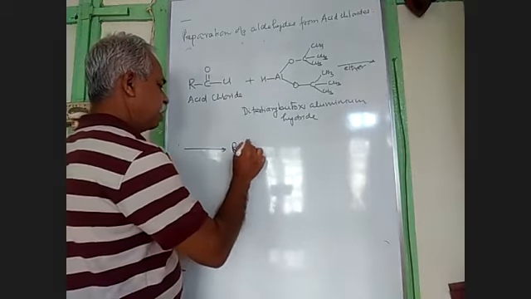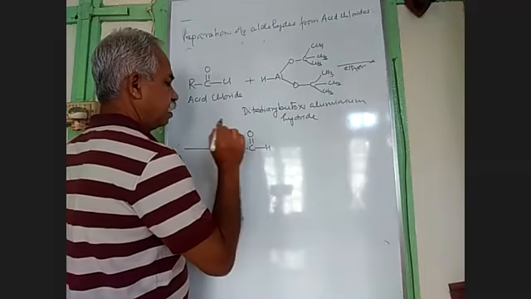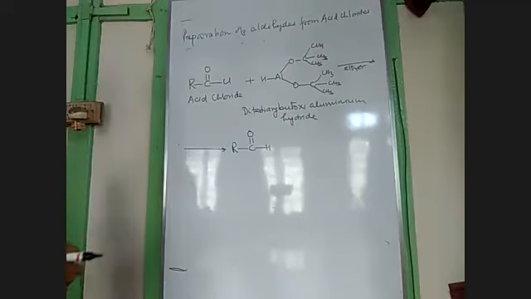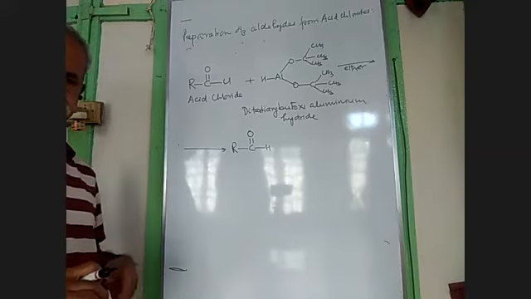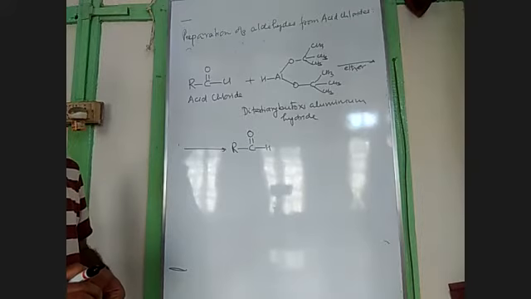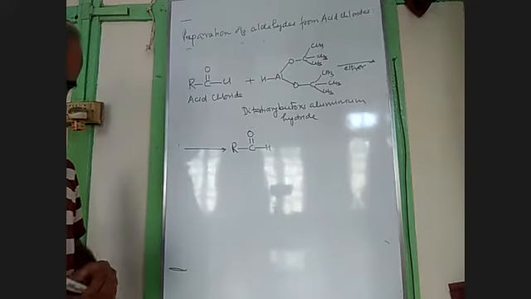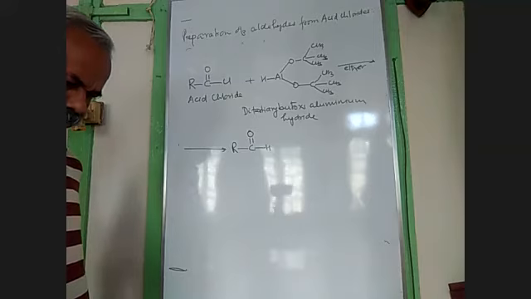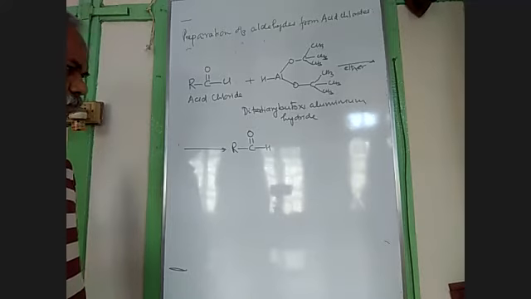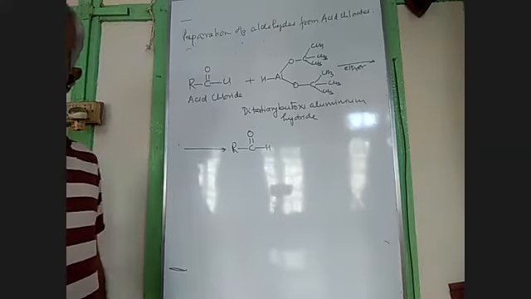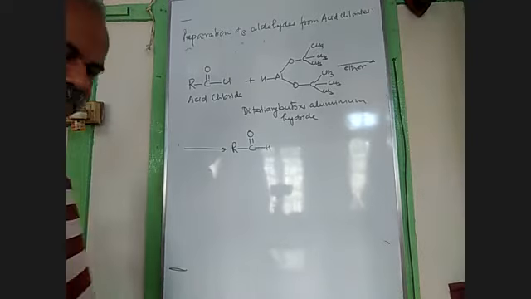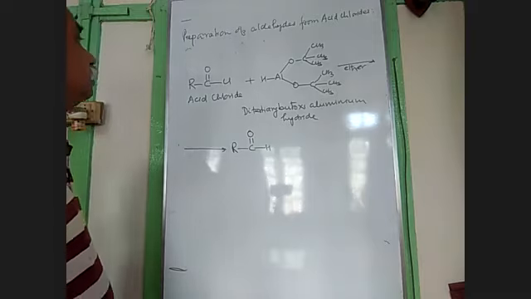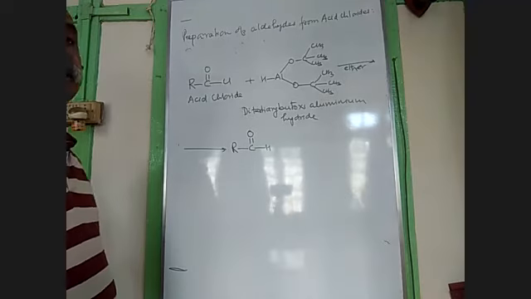You get here this. Lithium tri-tertiary butoxy aluminium hydride will give you aldehyde. This is only for entrance. So this is the preparation of aldehyde from acid chloride.